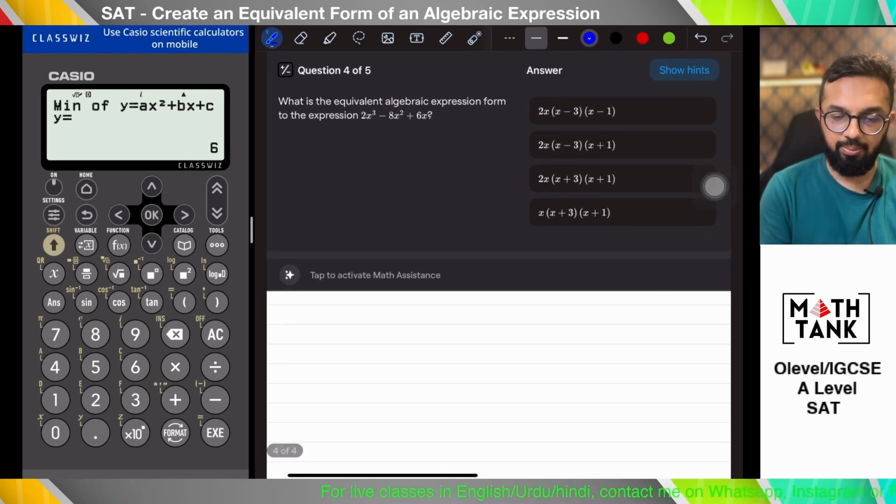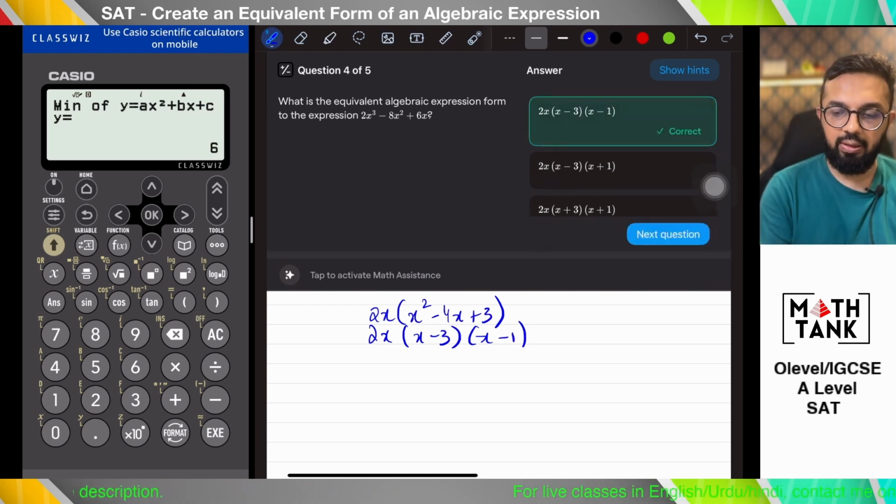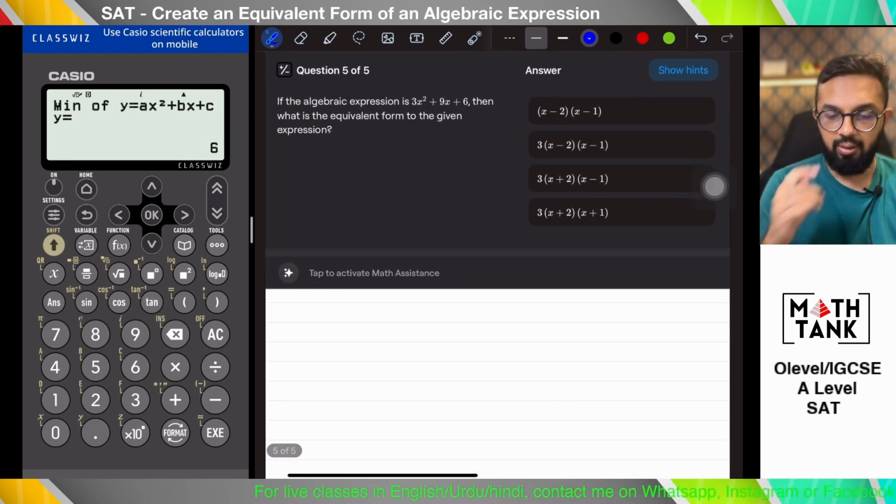So you see, there are multiple ways of doing these same questions. I see 2x can be taken common, so I am left with x squared minus 4x plus 3. Again, if I factorize this, that's easy. x minus 3 into x minus 1. Yep, A is the correct answer option. You could again do trial and error and end up with the same answer.